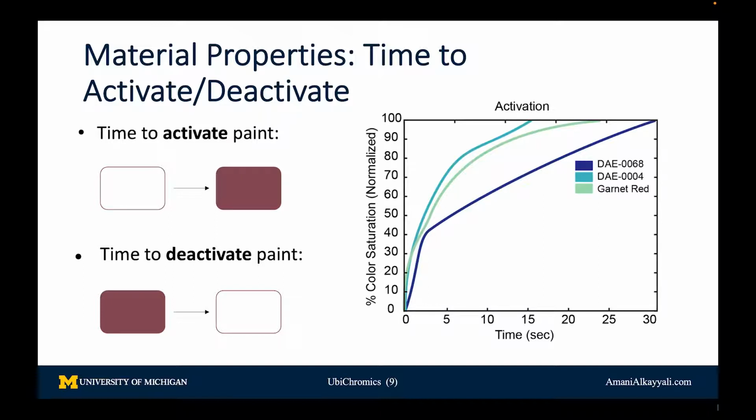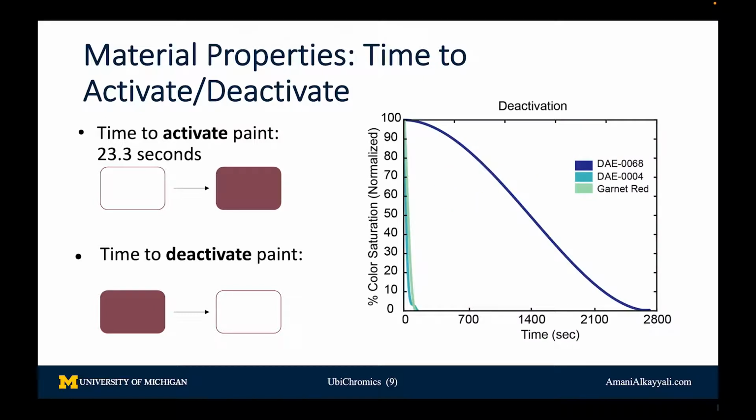And in this case, it is garnet red. So to fully activate a paint sample from clear to fully saturated, it took about 23.3 seconds. And then with that fully saturated element, it took about 20.2 minutes to go from fully saturated back to clear.